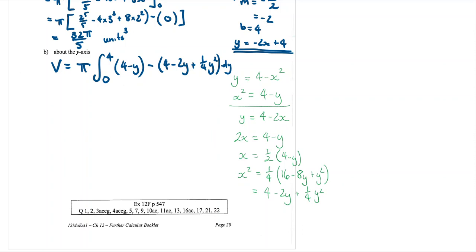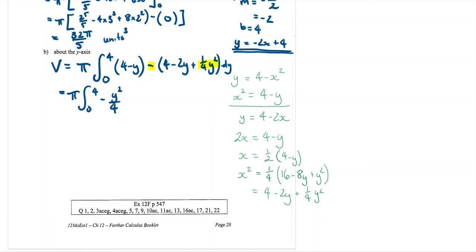Okay, now before I integrate it, there's a few like terms in there that I can collect. So the highest power of y that I have is the y squared, but I would need to expand out that minus there. So it's actually a negative a quarter, or I might write that as y squared over 4.